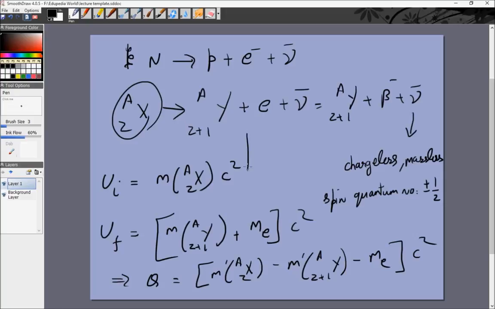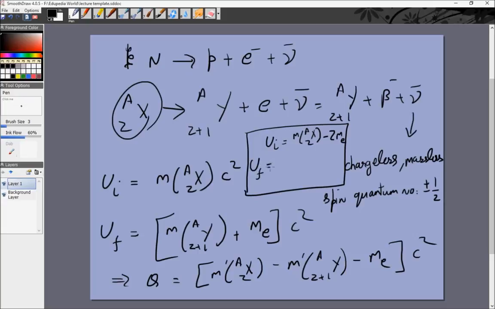What would be different if we were to use the atomic masses? Well, what would happen in that case would be, you would have U initial is equal to mass of A X Z minus Z times mass of an electron. This is the nuclear mass and this is the atomic mass.